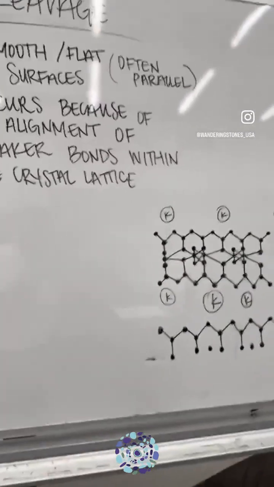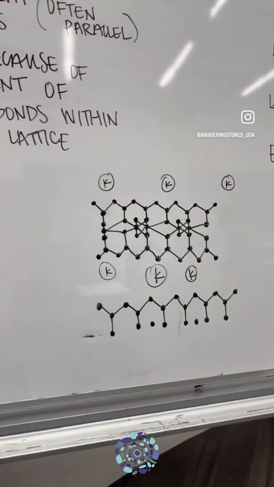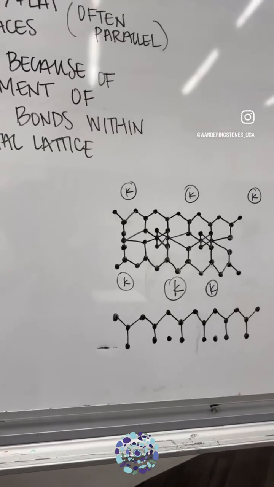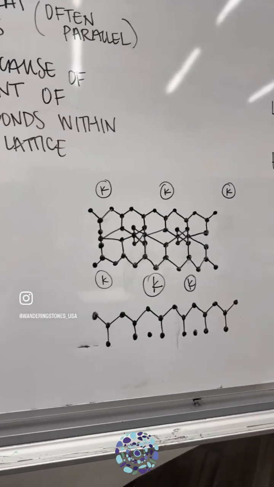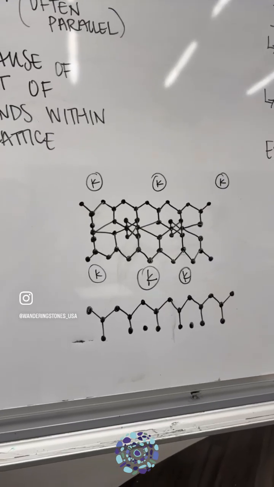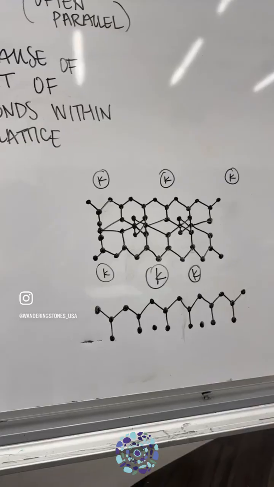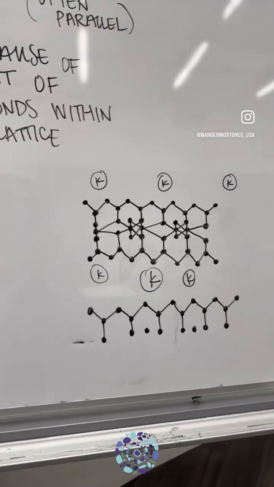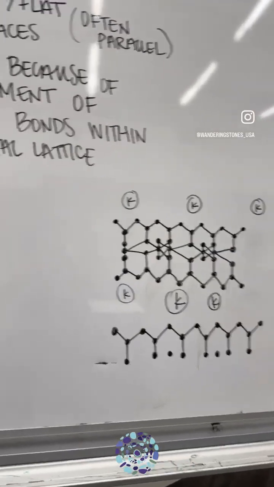And the cleaving will correspond to the planes of atoms that are less tightly bonded to each other compared to the rest of the structure. And because the crystal lattice will always be the same, always, always, always, this is predictable and repeatable, and thus it's extremely diagnostic.